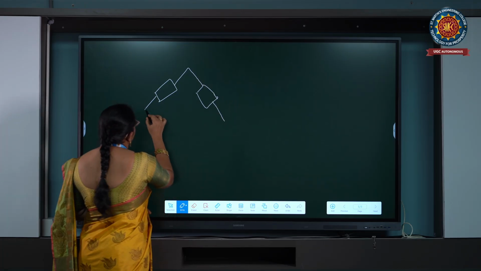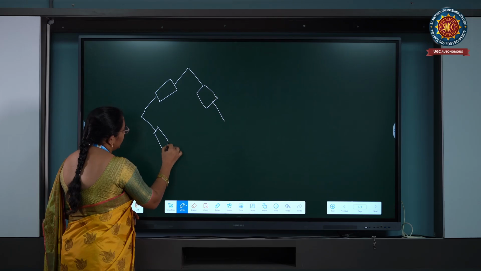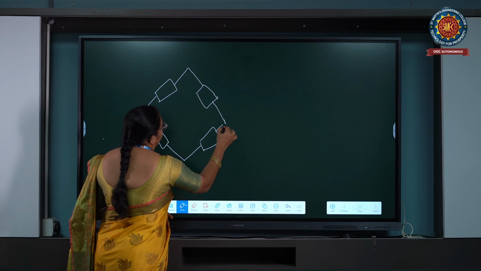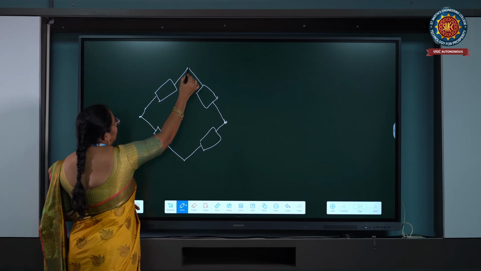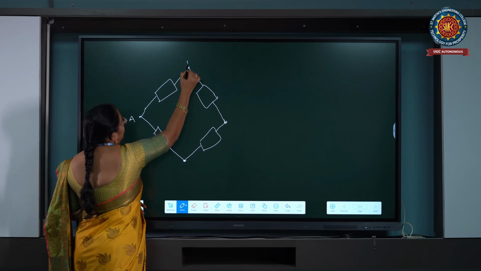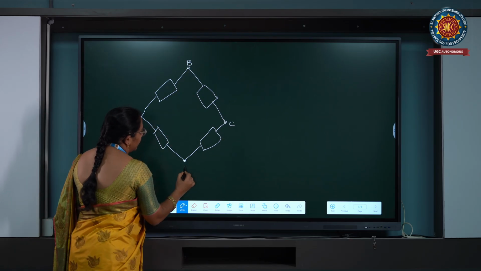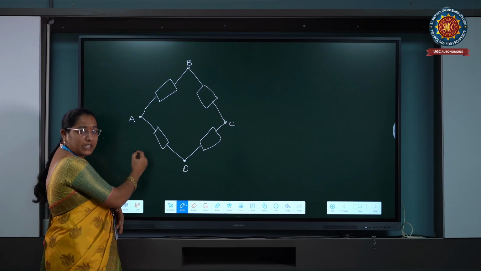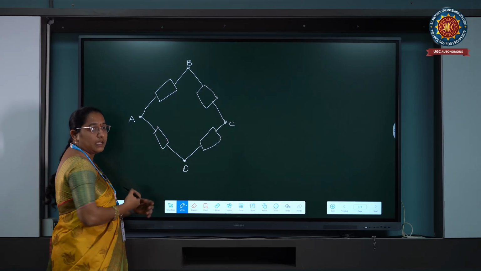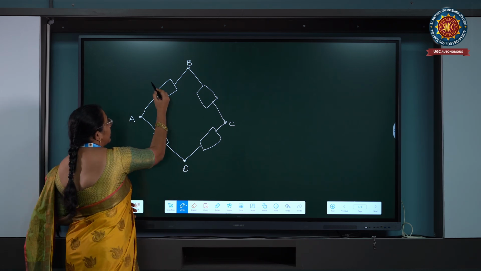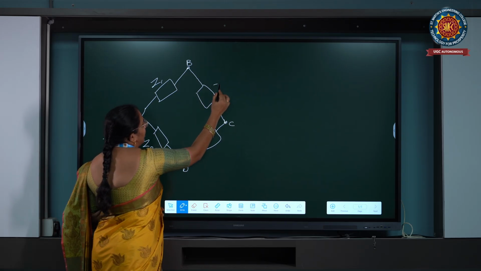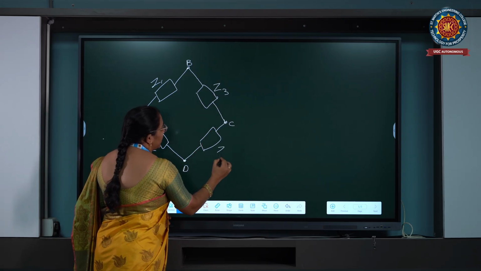This bridge has 4 nodes and 4 branches, and these are named A, B, C, D. Here we have 4 nodes and 4 branches, and these branches have the impedances Z1, Z2, Z3 and Z4.